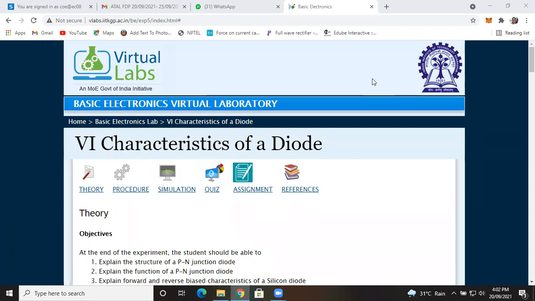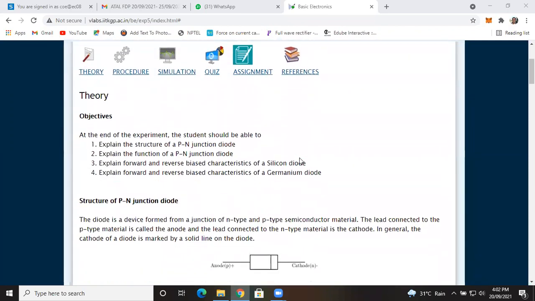Before proceeding further to the actual practical, let me explain the basic theory related to the PN junction diode. As you are already aware, the PN junction diode is the diode formed by the combination of P-type semiconductor and N-type semiconductor.